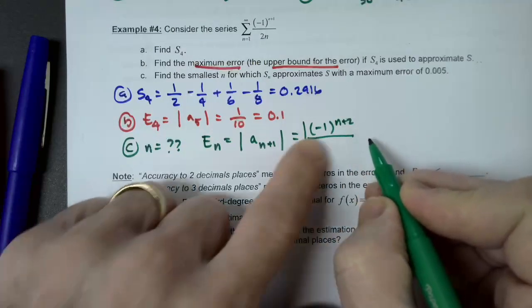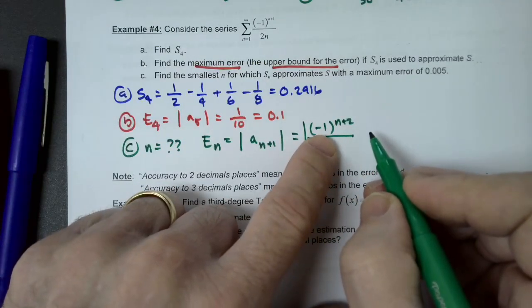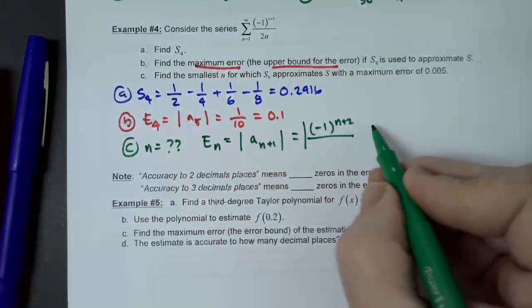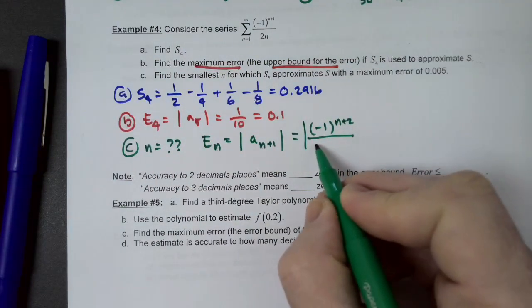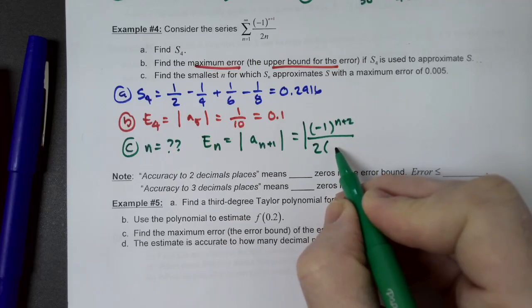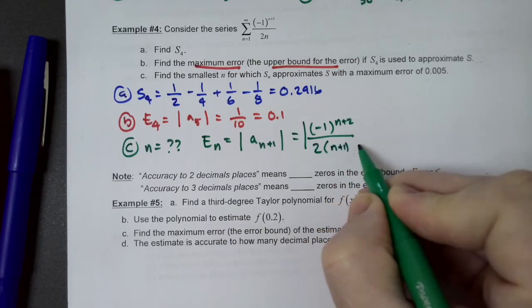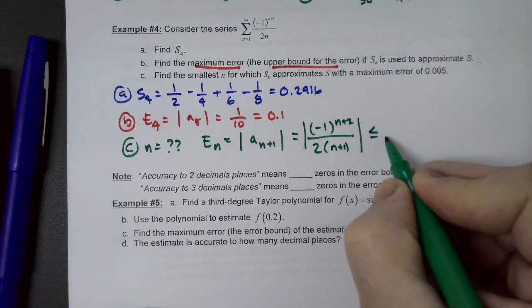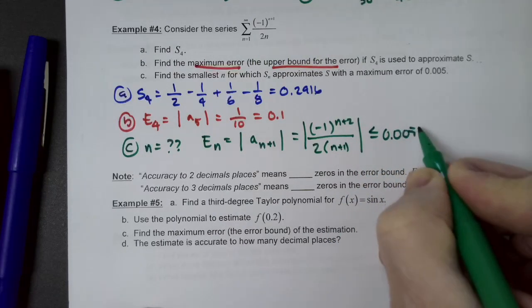And in reality, that's not going to matter to us at all because we know we're doing the absolute value anyway. But I'm just writing it down just to make sure you see that. And then, of course, this will be a 2 times the n plus 1. This has to be less than or equal to 0.005.